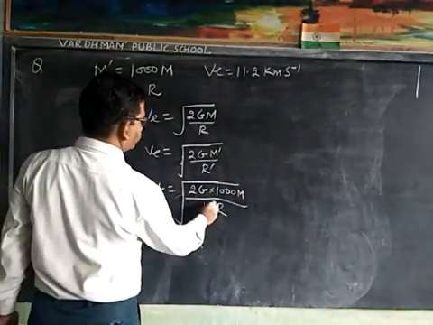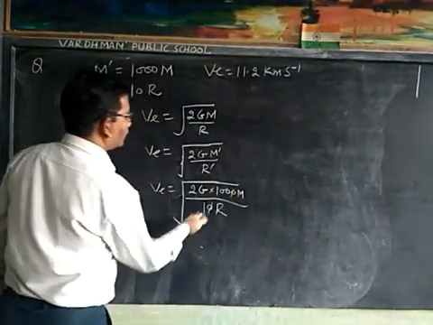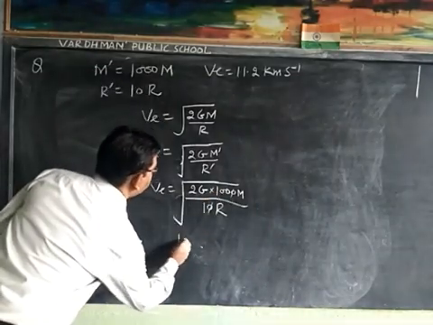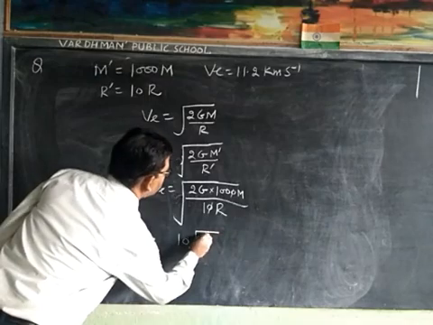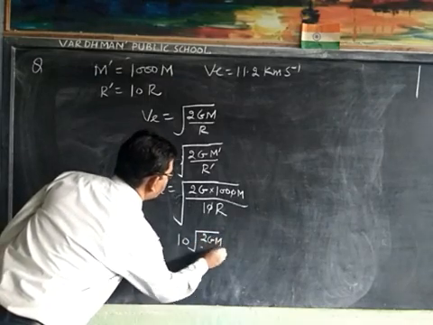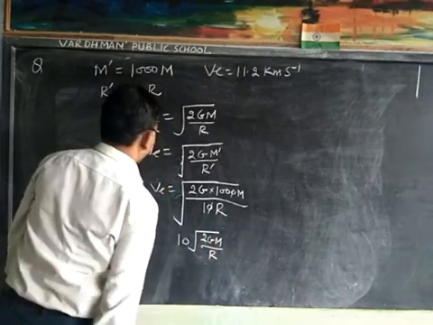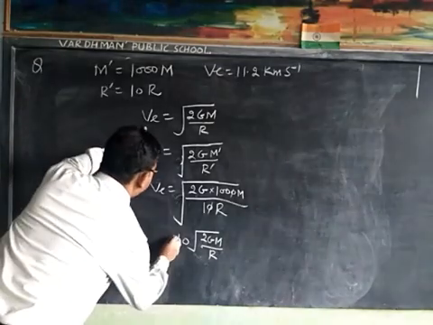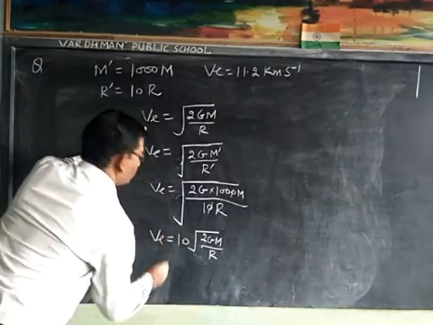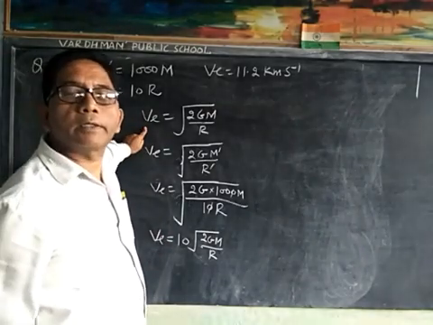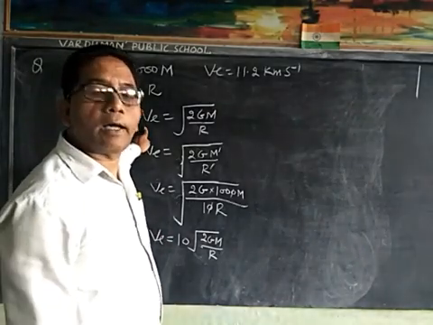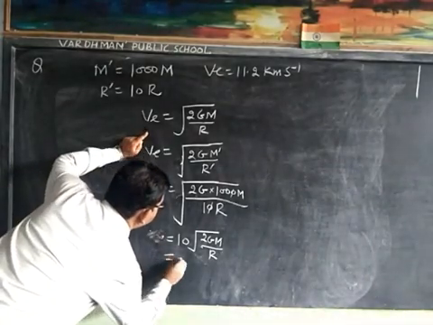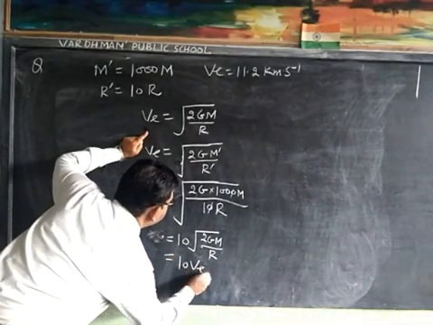Now we can take out 10 from the square root: 10 under root 2GM upon R. Now VE dash is under root 10 GM upon R, that is 10 VE.